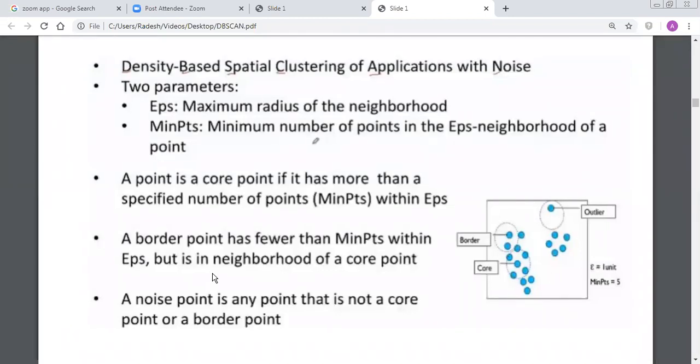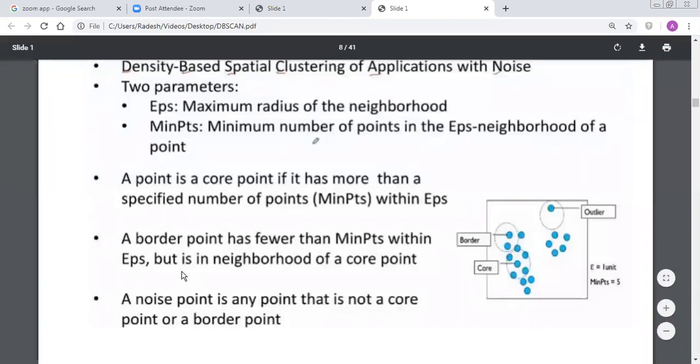We can define this border point in 2 ways. A border point has fewer than minimum points within EPS, but it is in the neighborhood of a core point. Suppose the one I am pointing out, if you take it as the core point, then I will draw a radius for this one and draw a circle to this.